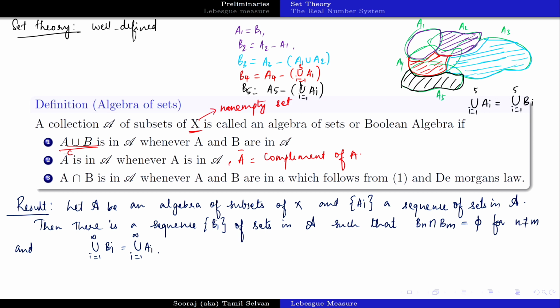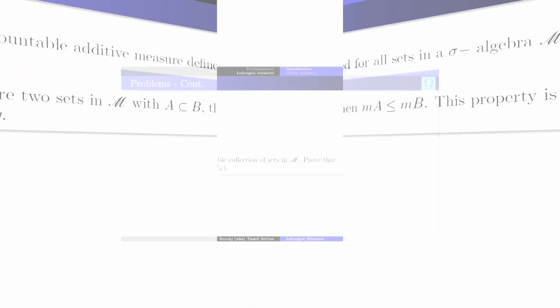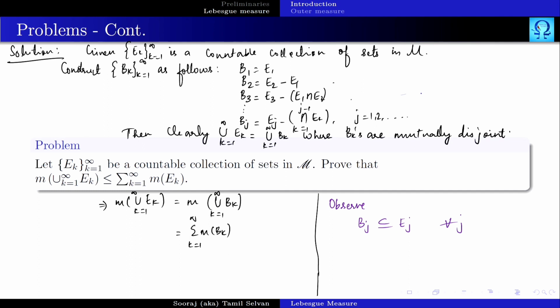You can see the diagram over here. Your b2 is contained in a2, your b3 is contained in a3, your b4 is contained in a4, your b5 is contained in a5, right? So this is clearly evident from our construction.